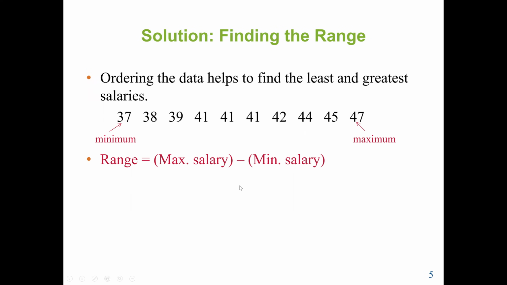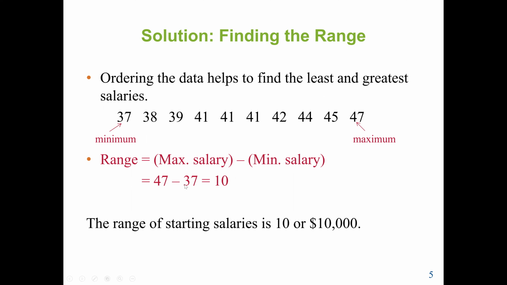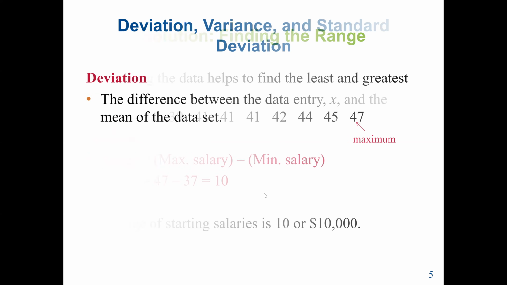So 47 minus 37 gives us 10, so the range will be 10,000. Again, range is the difference between the maximum data entry and the minimal data entry. We look at the minimum value and the maximum value, then we find the difference of the two.